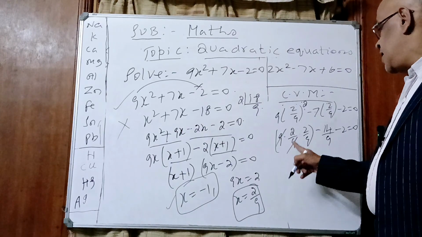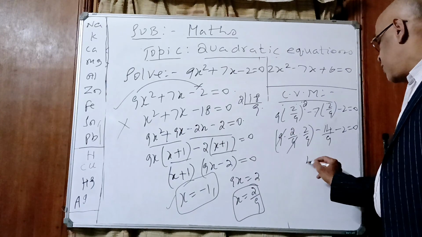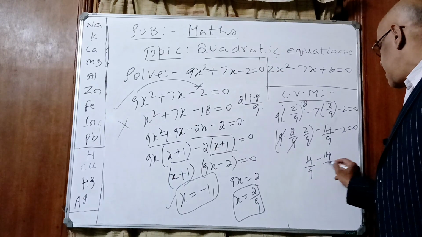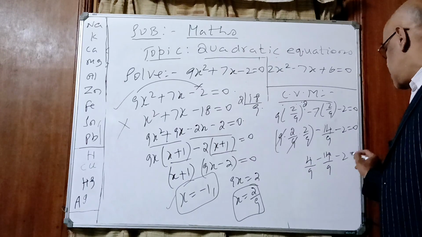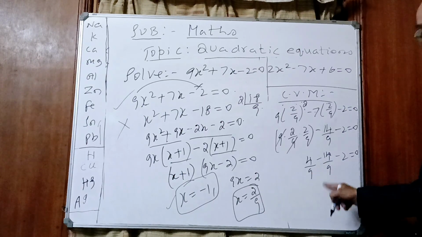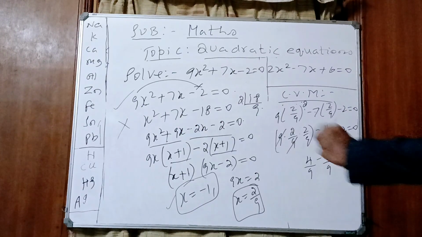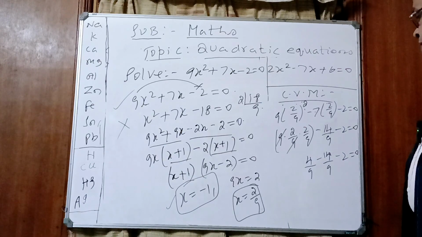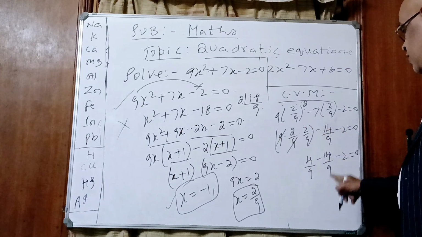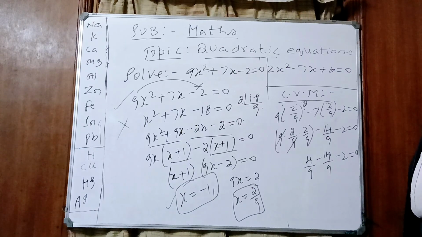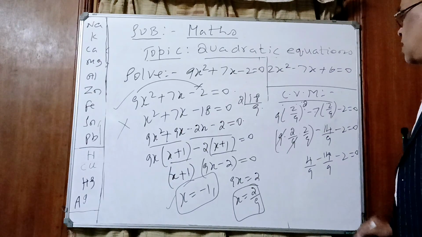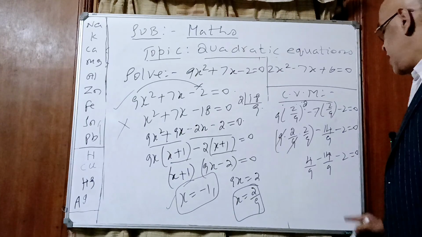What will remain here, children? 2 2s are 4, 4 by 9 minus 14 by 9 minus 2. Simplify these two terms, children, because they have same denominator. Yes or no? 2 2s are 4, 9 minus 14 by 9.